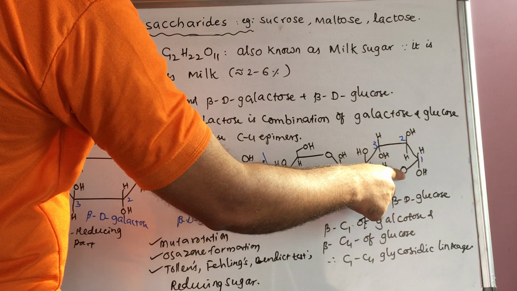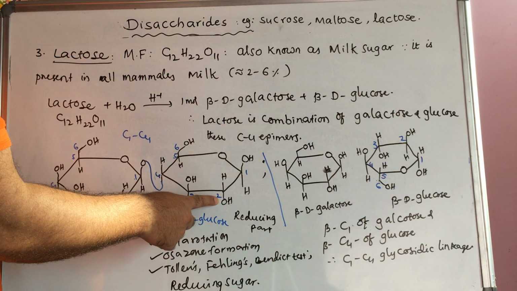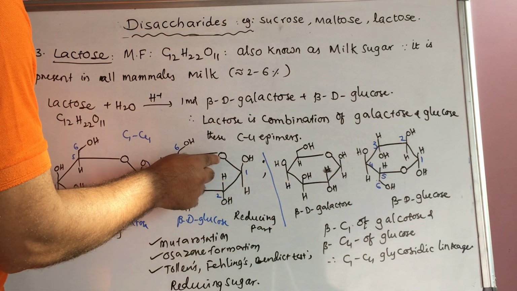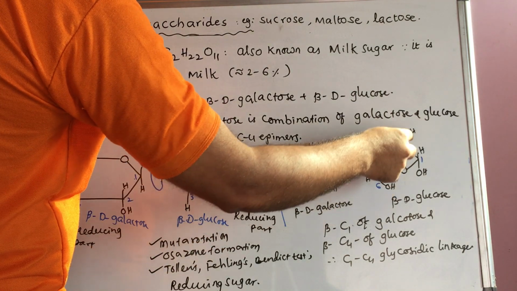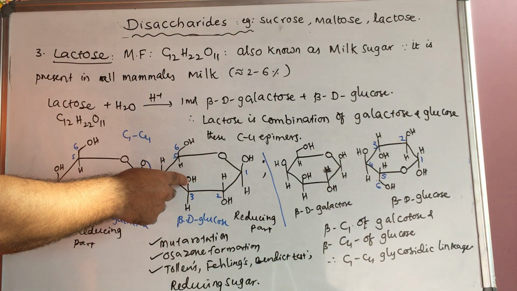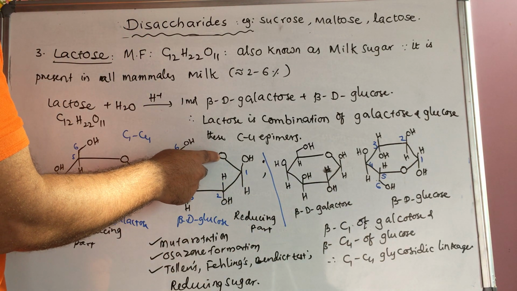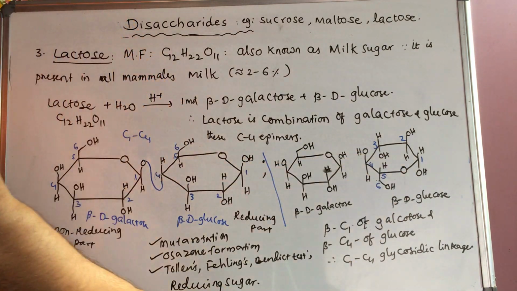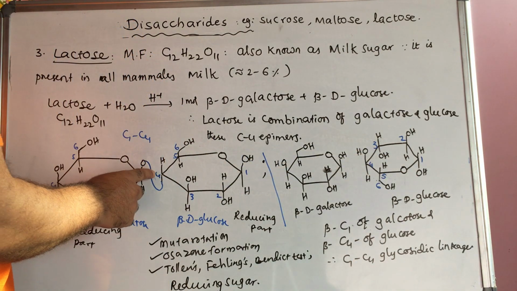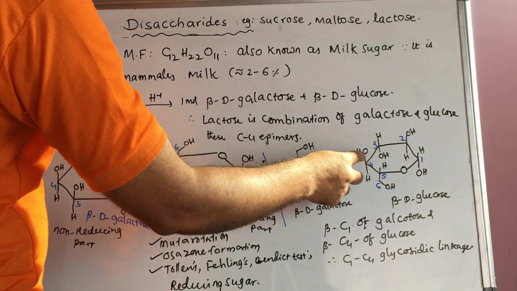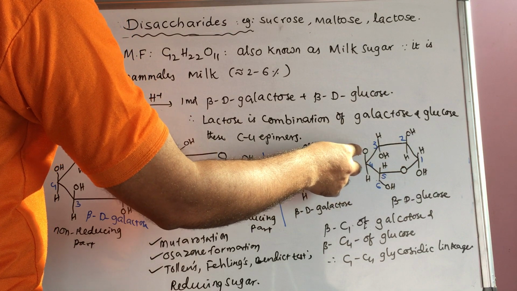Next, at C2 carbon, OH is opposite to this oxygen. At the third carbon, OH is on the same side as this cyclic oxygen. At the fourth position, OH is opposite to this cyclic oxygen. So here also at the fourth position, opposite to the cyclic oxygen.